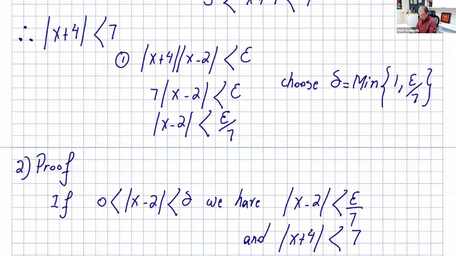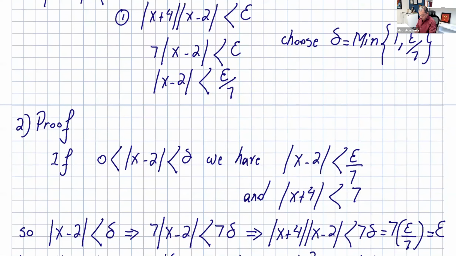Now we start, write the statement. The absolute value of x minus 2 less than delta. We have the absolute value of x minus 2 less than epsilon over 7. And we know that the absolute value of x plus 4 is less than 7. I just wrote that for you.